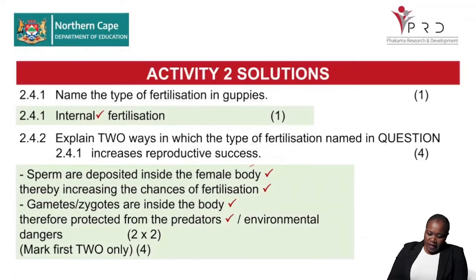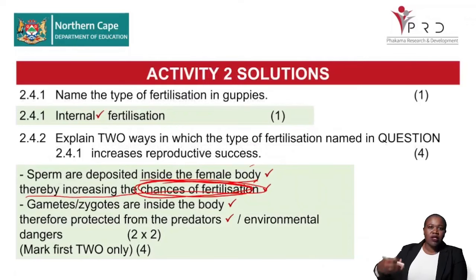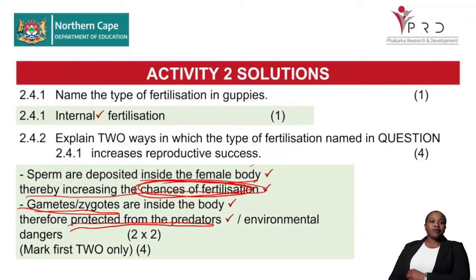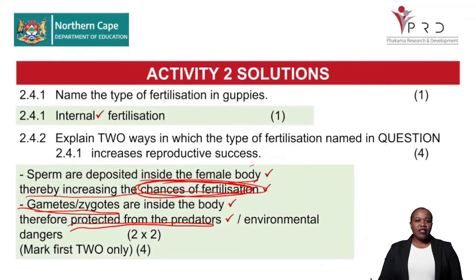The sperm are deposited inside, thereby increasing chances of fertilization. Once the chances of fertilization have increased, the chances of development are also increased, because the zygote inside the body will be protected from predators. If it is protected from predators, it means chances of survival are also increased, increasing reproductive success as a whole.